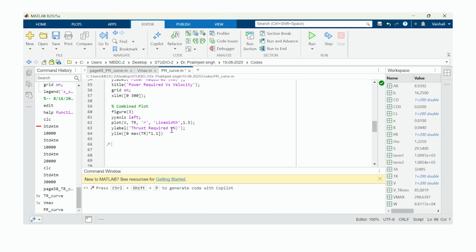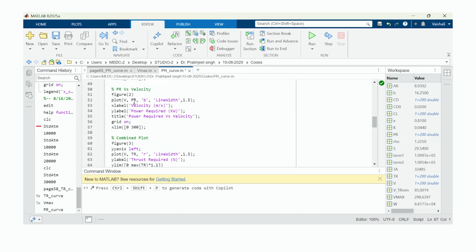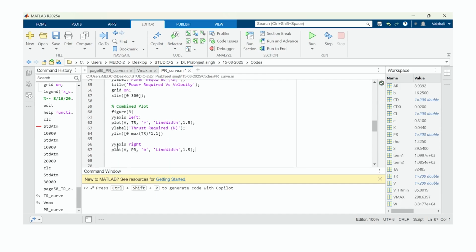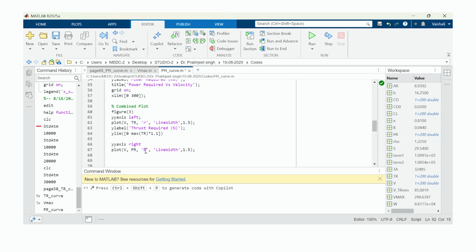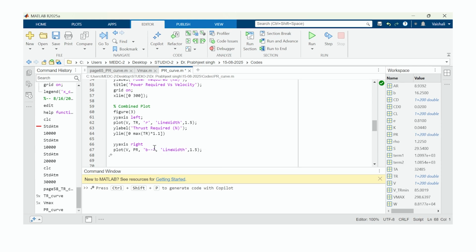Now let us see y-axis right. And the same plot, y-axis right. So here we'll be having plot v comma pr, with a dotted line, b dot dot. Fine.